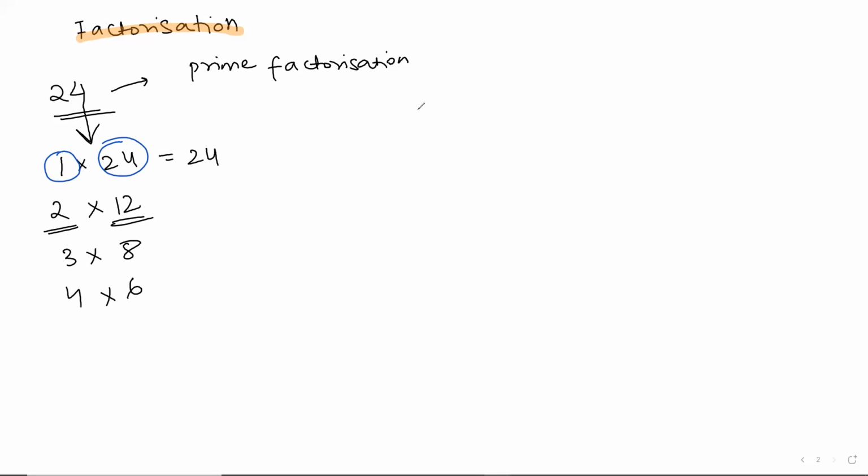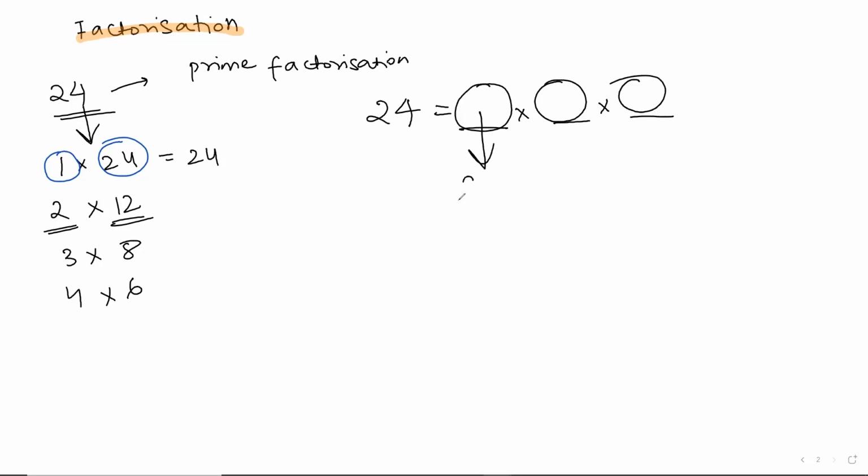Now pay attention here, and this is where we can relate it with polynomials. We used to say that if 24 can be written as the product of two numbers, this into this, or no matter how many numbers, not just two, it can be three, four, how many ever numbers, then each of these will be a factor of 24, right?